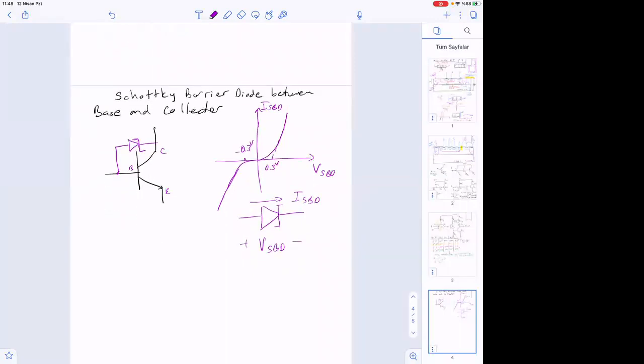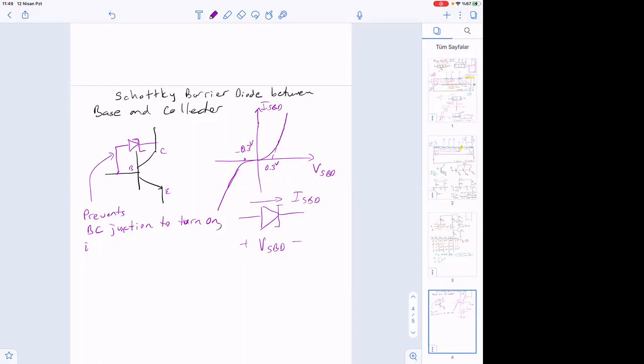So that element, in fact, prevents the base collector junction from turning on.